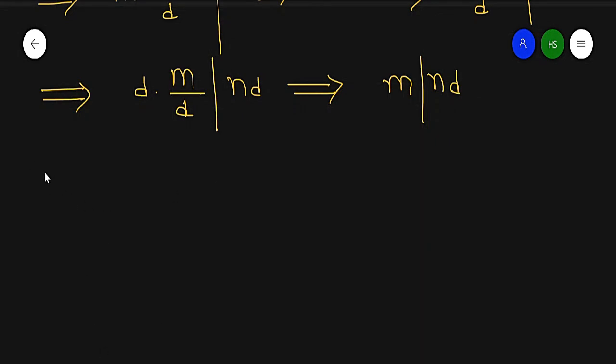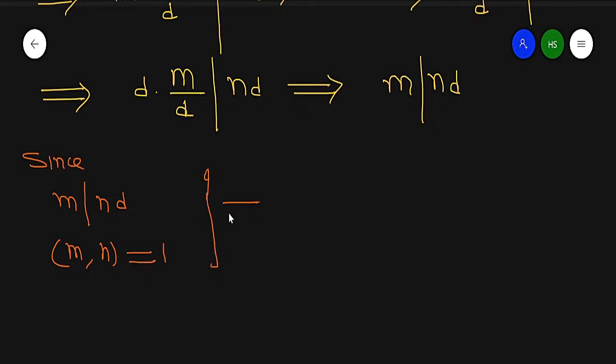So since M divides ND and GCD of M and N is equal to 1, by using the result from number theory, it implies M divides D. So we get M divides D, right?